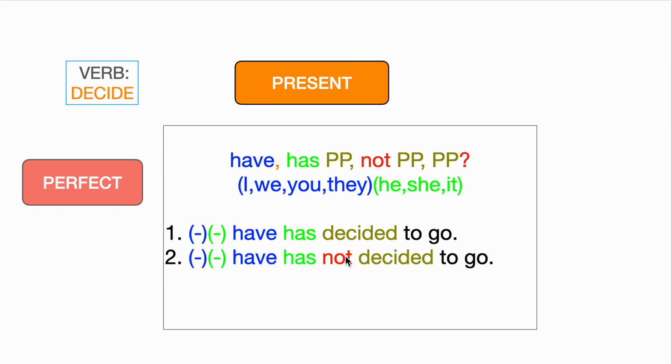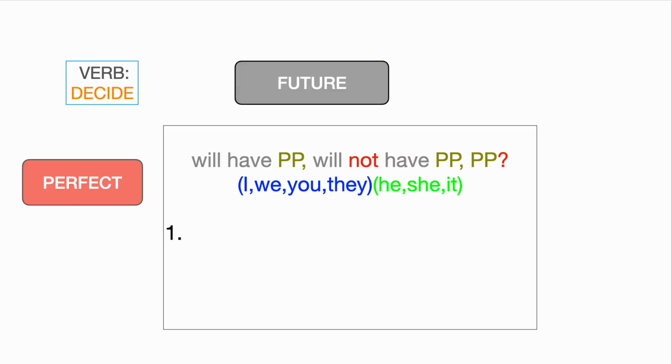I have not decided to go, but she has not decided to go. And a question, have is first. Have you decided to go? Has he decided to go? Future: will have decided.